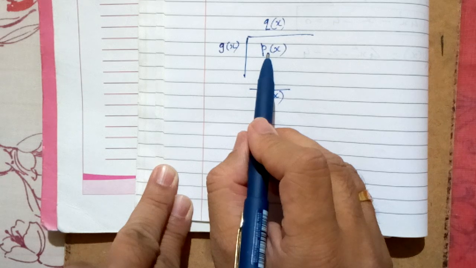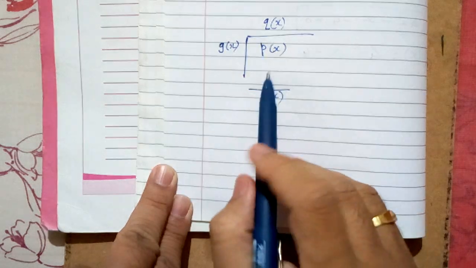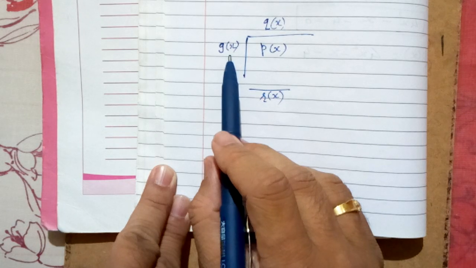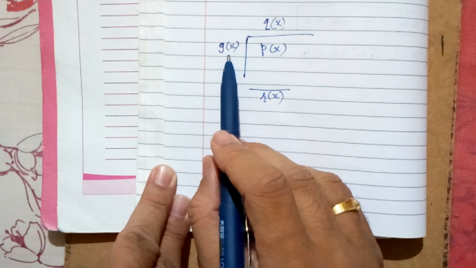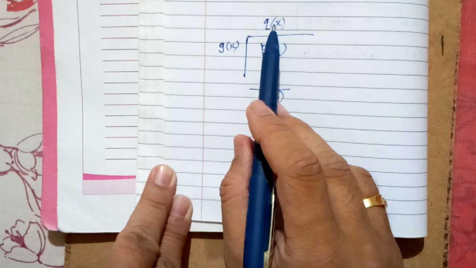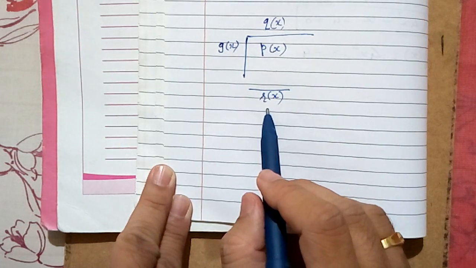What we put inside, that is the dividend. P of x, which we write inside, that is the dividend. By which polynomial we divide, that is the divisor. What we get as the answer, that is the quotient, and what remains, that is the remainder.